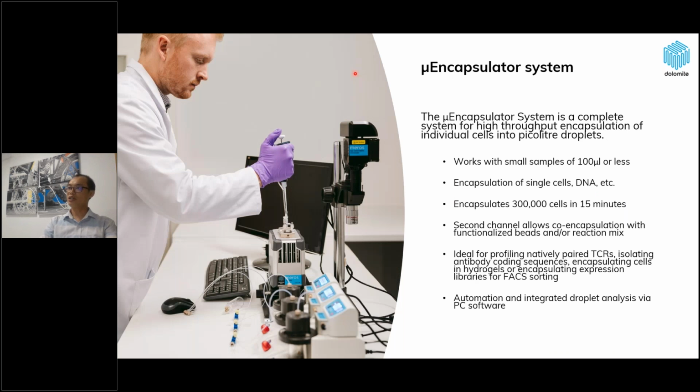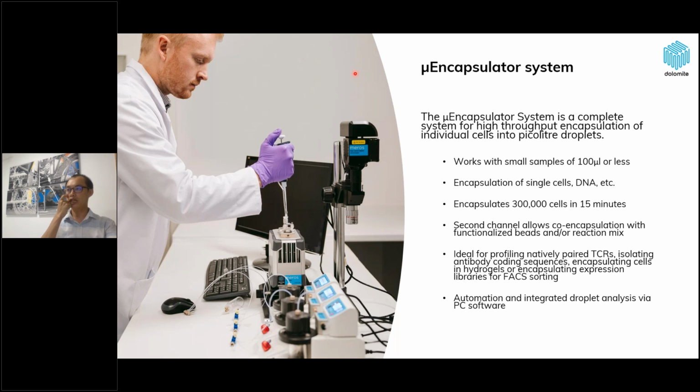The microencapsulator system is a complete system for high throughput encapsulation of individual cells into picoliter droplets. It can work with a small sample, 100 microliters or less. It can encapsulate single cells, DNA or other material, and it can encapsulate 300,000 cells in only 15 minutes.